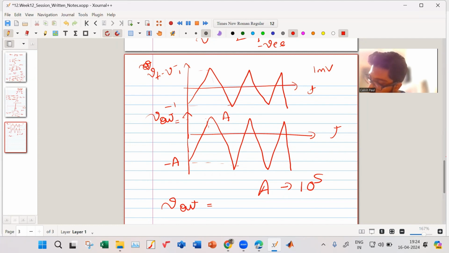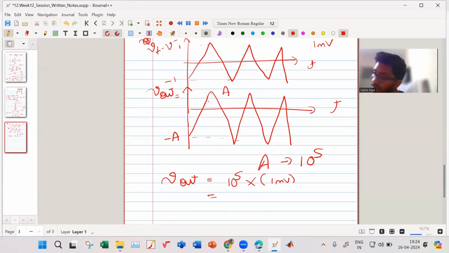The amplitude of your triangular wave is 1 millivolt. Yeah, it will be very high, right? Yes, 10 to the power 5 will be the amplitude. So it should be 10 to the power 5 into 1 millivolt. How much is that? 100 volts. Is it possible? No. It is not possible.